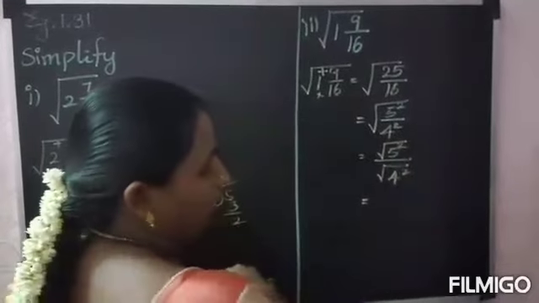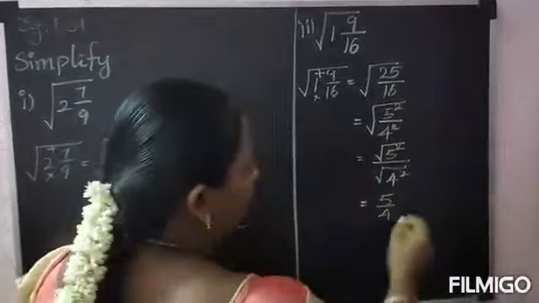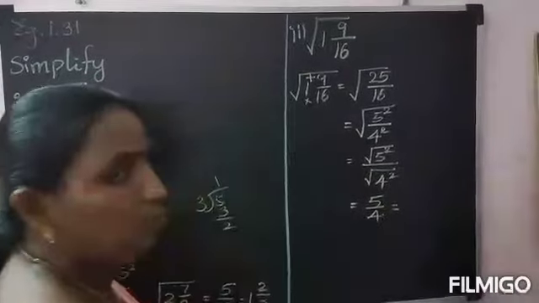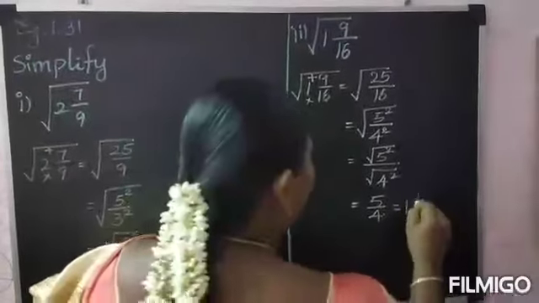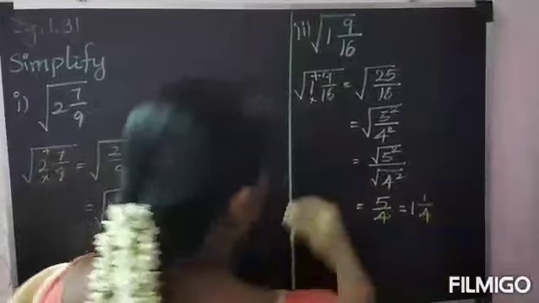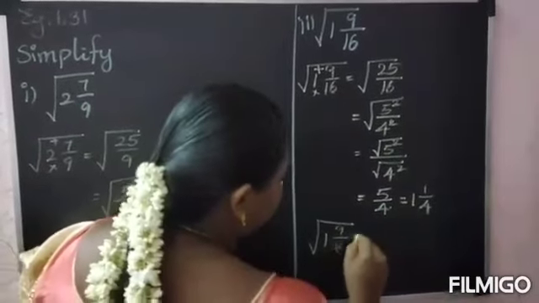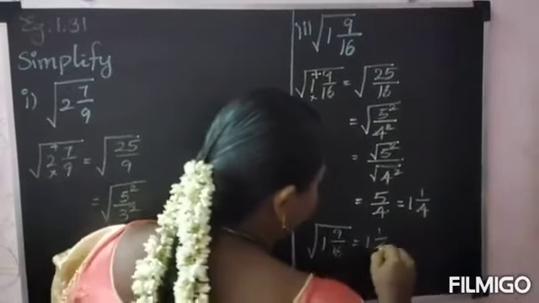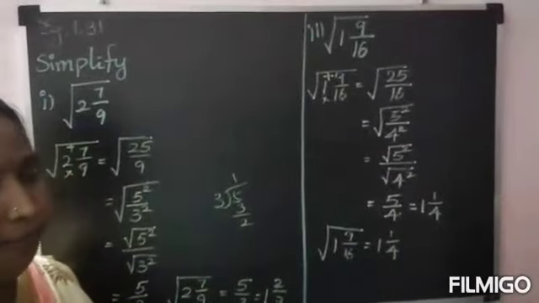Here square and square root will get cancelled, you know. So you will get 5 divided by 4. You have to change it into mixed fraction. What will you get? 1 by 4. Is it clear? So write square root of 1 9 by 16 equal to 1 1 by 4. Is it clear, my children? Next we will move on to the next sum.